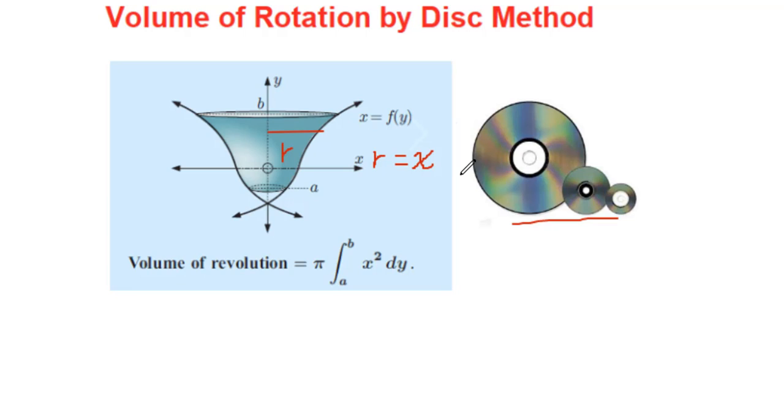Consider this one disk as a cylinder. So the volume of this disk will be pi r squared times the height. The height, think of this as dy because it's very, very thin. That's why I write down dy, very thin. So the volume of one disk will be pi r squared dy.